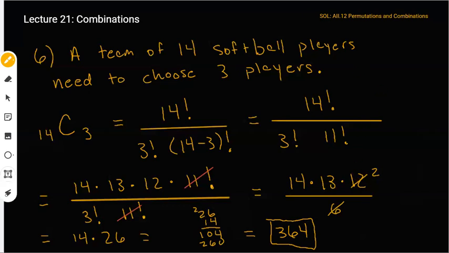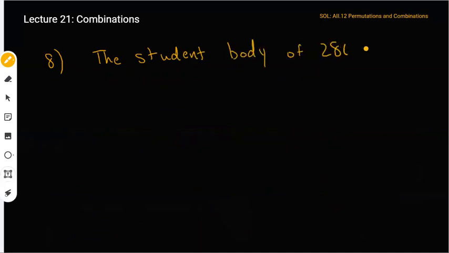All right, let's look at 8. Eight says the student body of 280 students wants to elect 2 representatives.